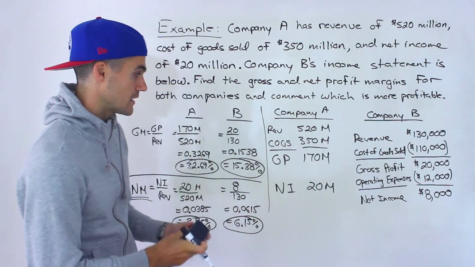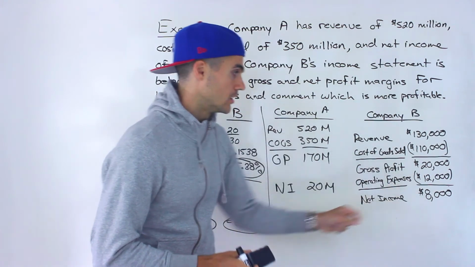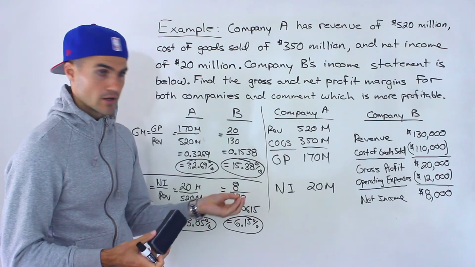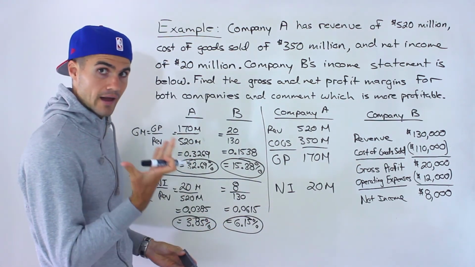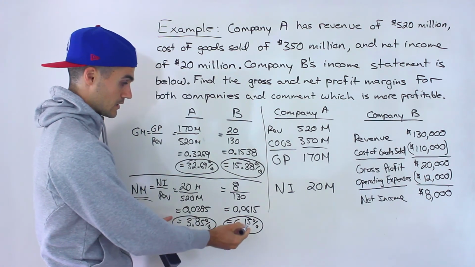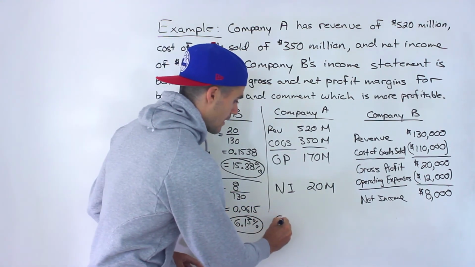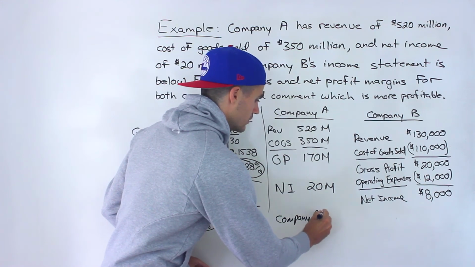On an absolute basis, obviously this number is a lot larger than that number. But on a relative basis, profit is earnings or net income. And so you want to look at it on a relative basis, so get the net profit margin. And if we compare both net profit margins, we would see that company B is more profitable, right?